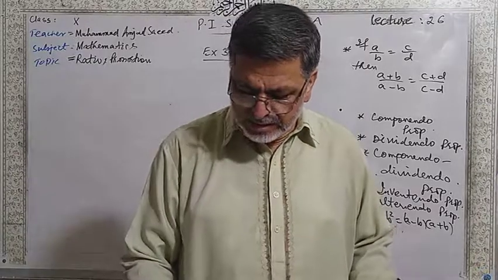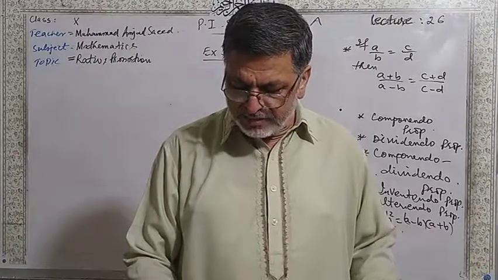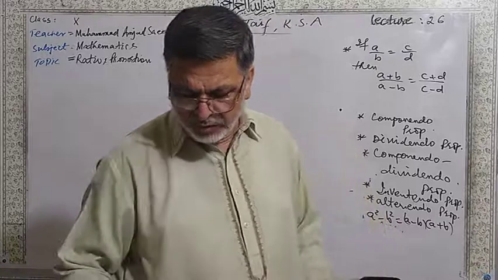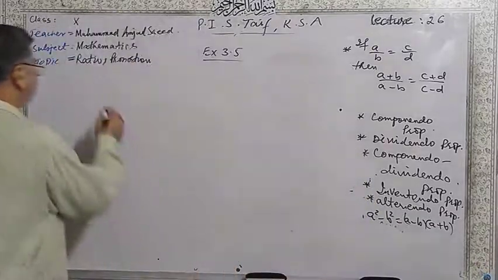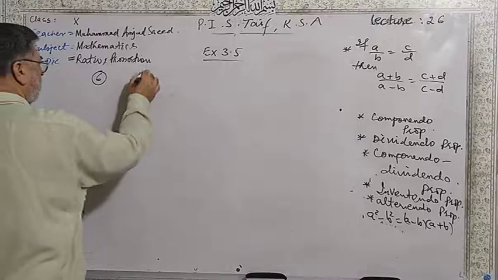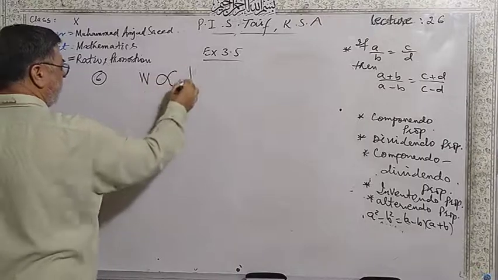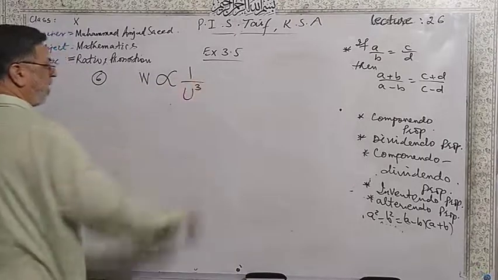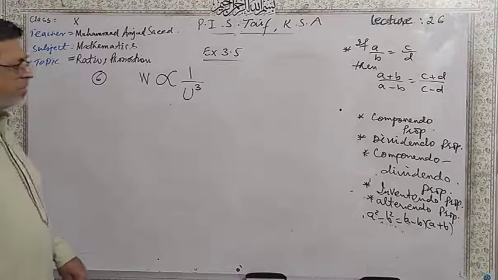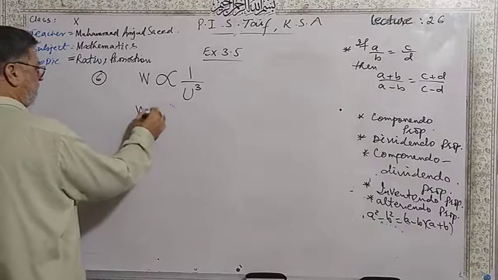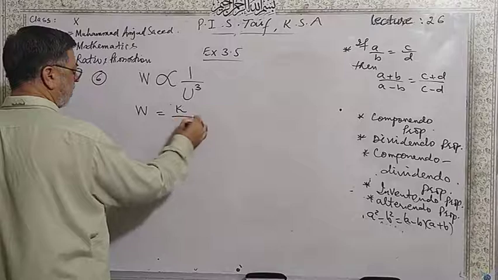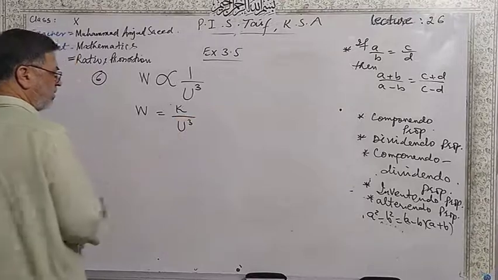Question number 6. If W varies inversely as the cube of U, so W is equal to K over U cube.